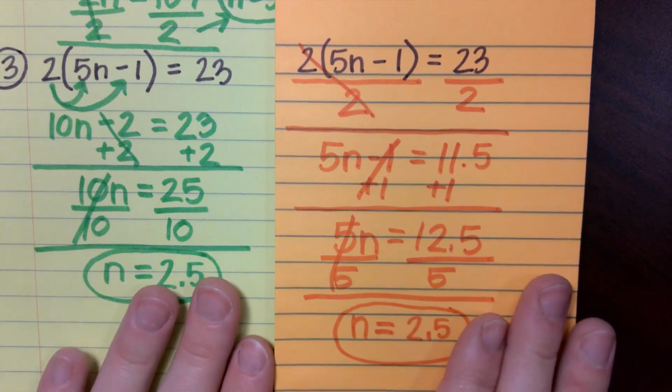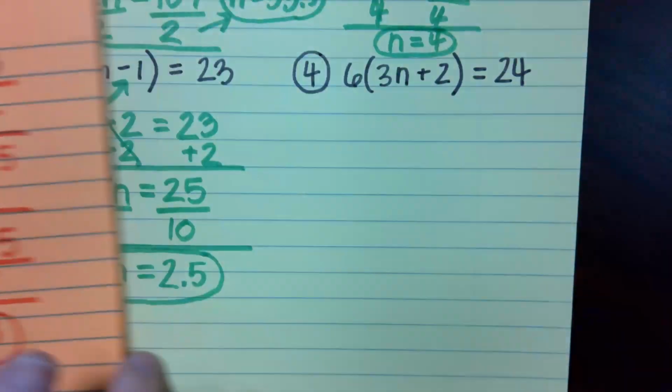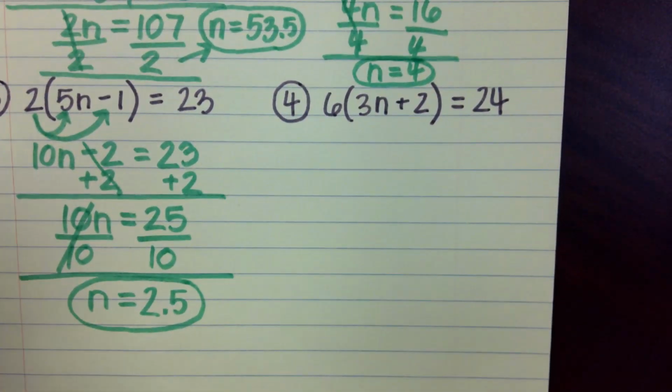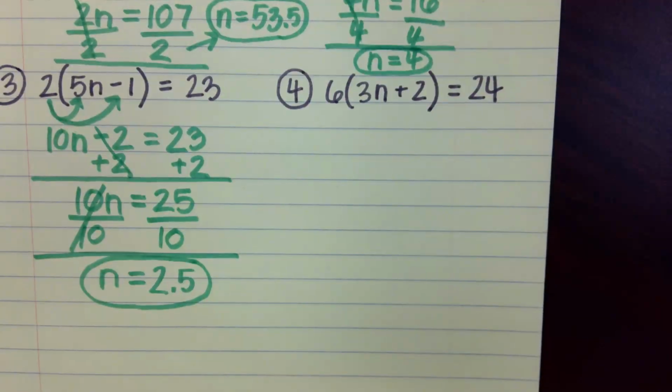Okay, so now that we've tried both methods, let's move on to our last problem, number 4. Which way do we want to try first? The distribution way? Is that what you guys did? Okay, let's do that first just to keep everything in the same order, and then we'll do the division way next.